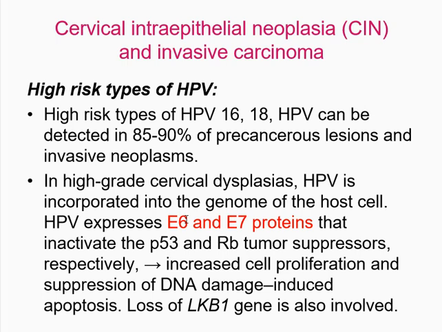High-risk HPVs express the proteins E6 and E7, which through a number of mechanisms inactivate p53 and retinoblastoma tumor suppressors and result in increased proliferation and decreased apoptosis initiated by DNA damage. As another gene involved in cervical carcinogenesis, there is also loss of LKB1.